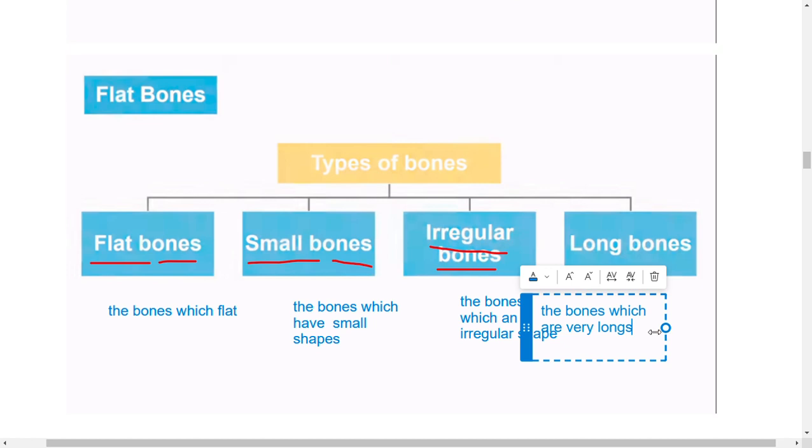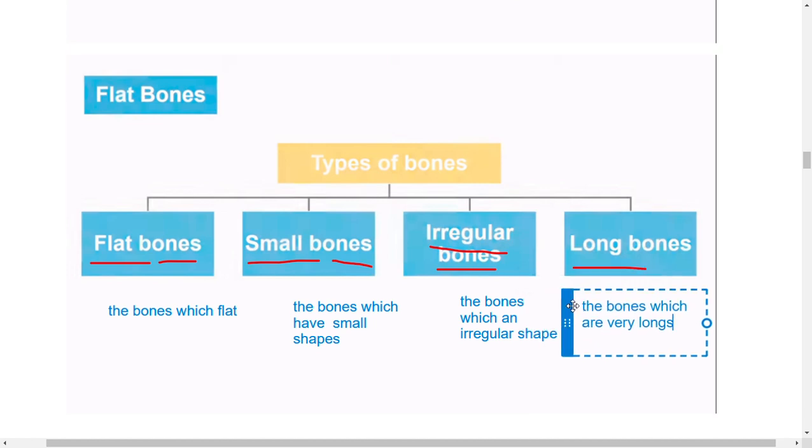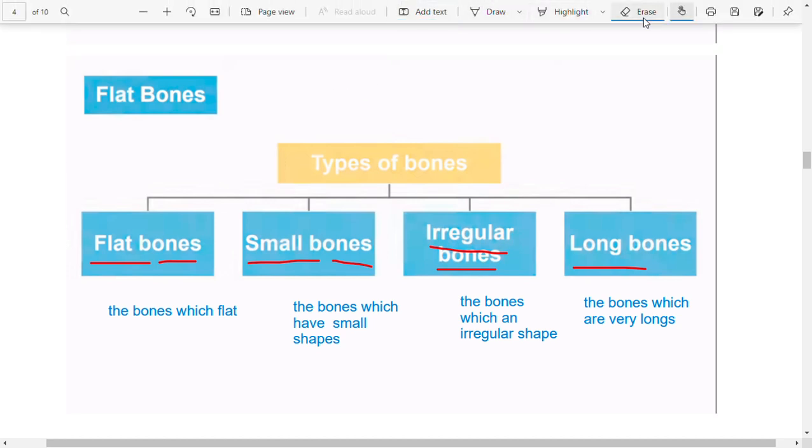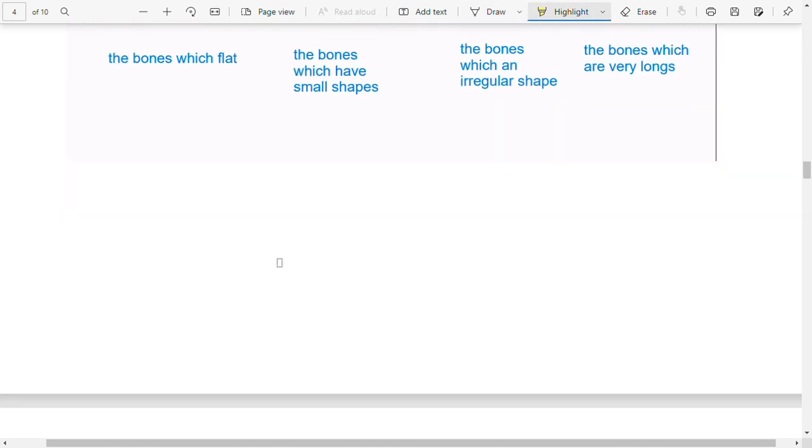Am I clear with this topic of the types of bones? I hope you have understood the types of bones, because I have also written the meanings down over here.